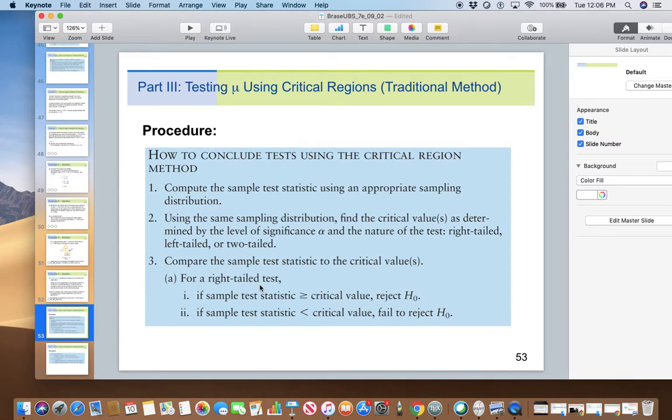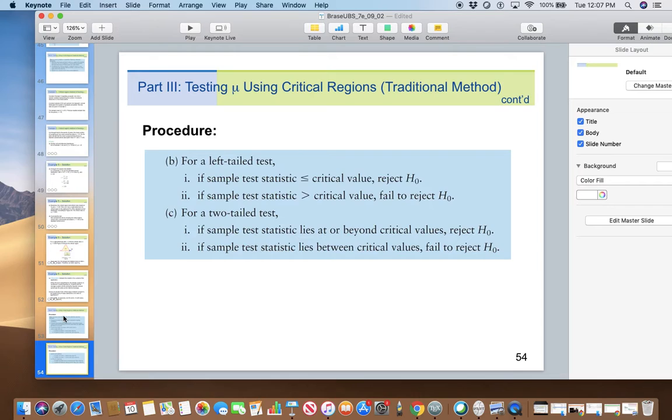For a right-tailed test, if my sample statistic is greater than or equal to the critical value, that is, it falls in the critical region, reject H0. If it falls outside the critical region, you fail to reject H0. This is for a right-tail test.